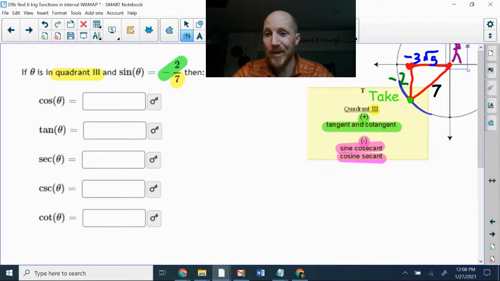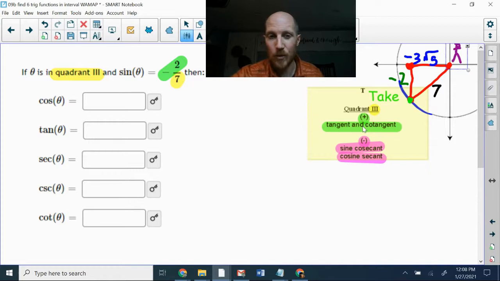Now that I have all my side lengths filled in, my components or coordinates, I can put together the 5 remaining trig ratios. Before I start writing anything down, let's do a little bit of planning ahead. I am in quadrant 3. The problem told me that, and I have right over here in my notes which trig ratios should be positive and which should be negative.